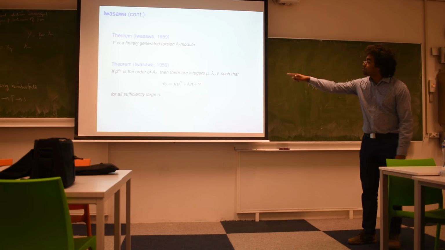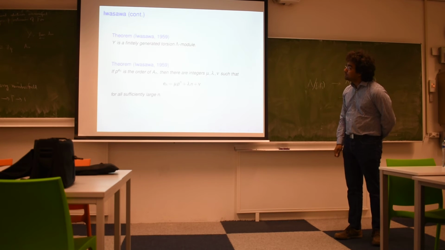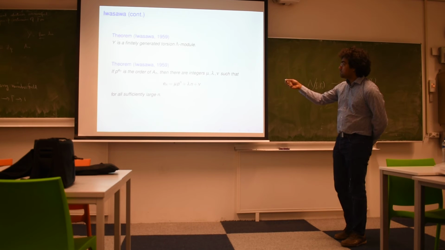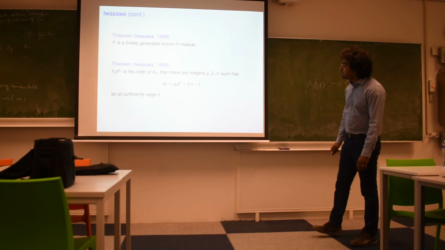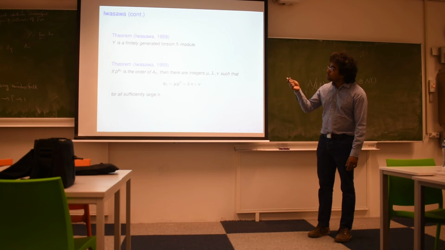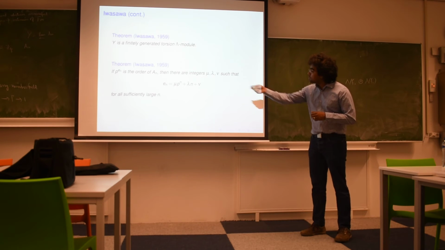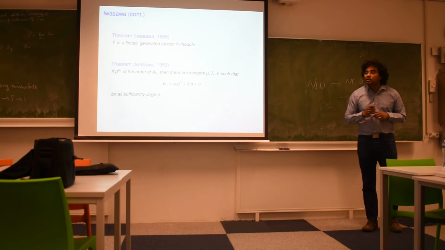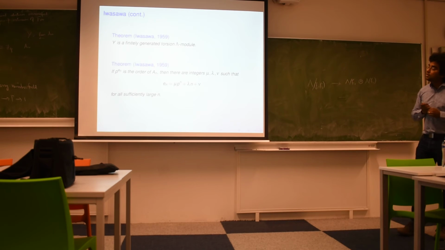But the more famous theorem is the second one, which I think is the first result of its kind giving some general result about ideal class groups. It says that if the p-part of the ideal class group has order p to the e_n, then there is a nice formula for e_n.